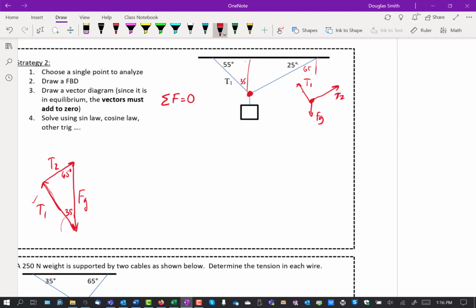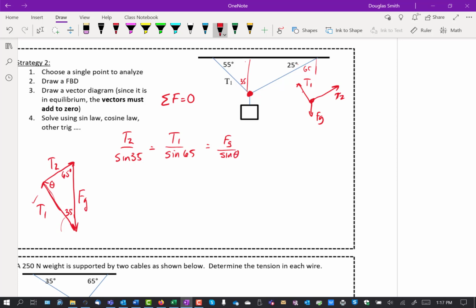And this problem can actually be solved quite easily using the sine law. So sine law is, we could just write it out here. T2 over sine 35 equals T1 over sine 65, and then there's this angle there, equals FG over sine theta.